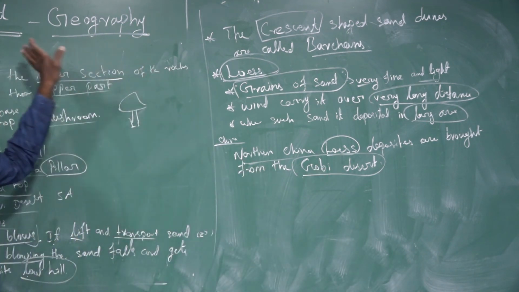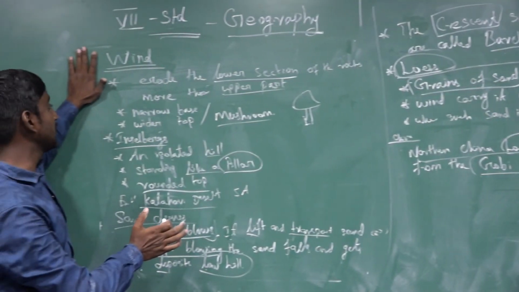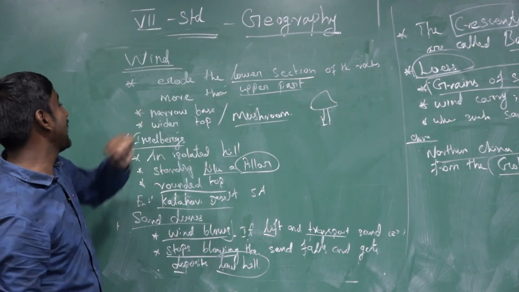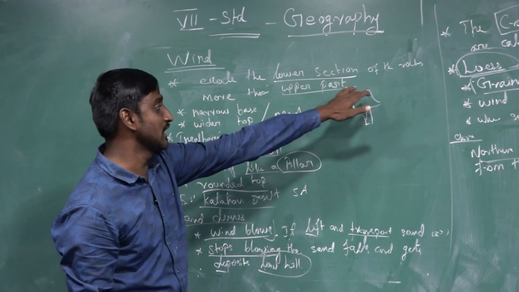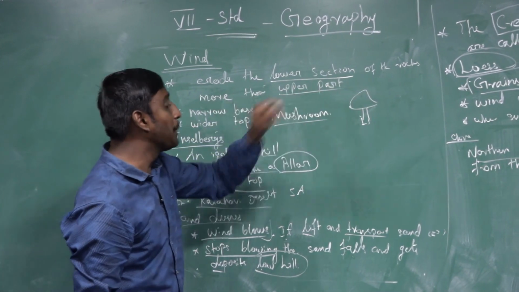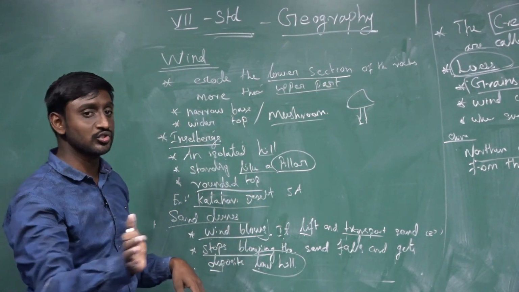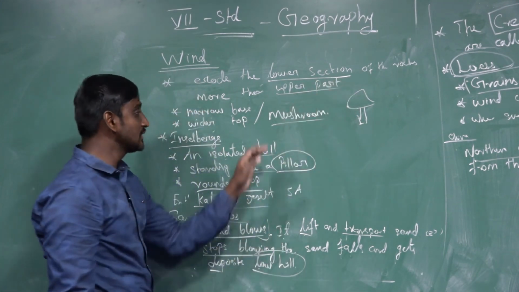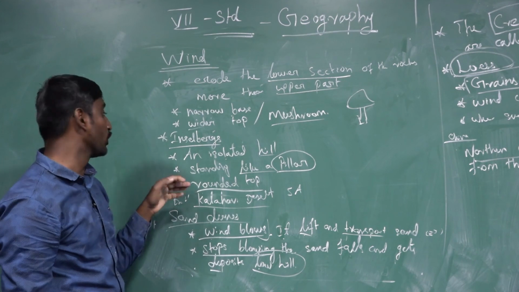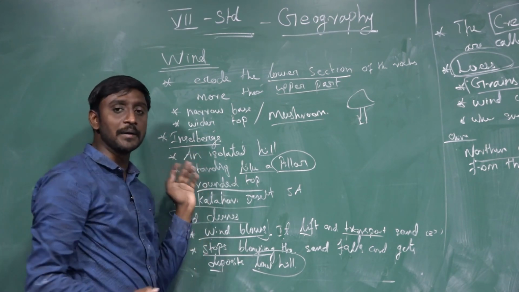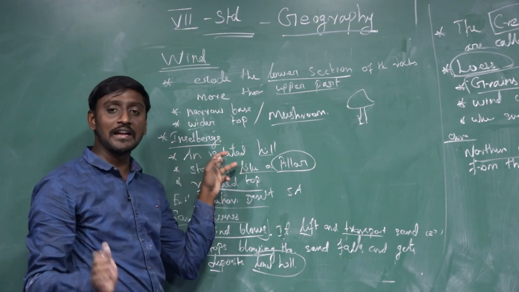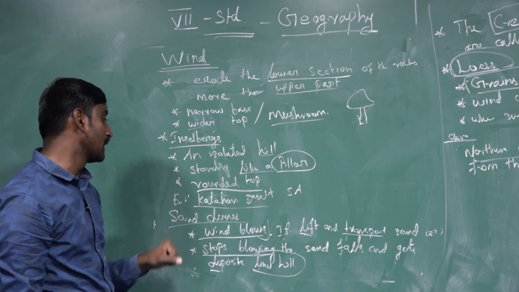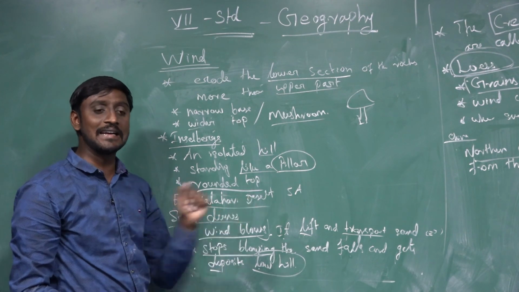So, the wind is a moving agent. It erodes the lower section of the rock more than the upper section, leaving a narrow base and wider top, like mushroom rocks. Inselberg means an isolated hill standing like a pillar with a rounded top, for example the Kalahari Desert.